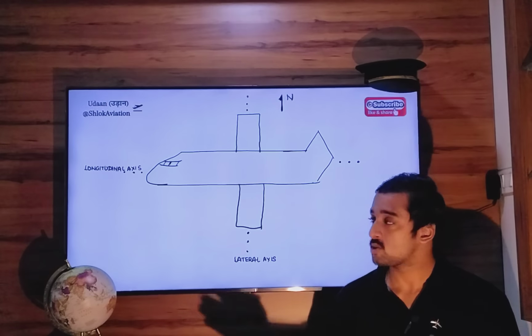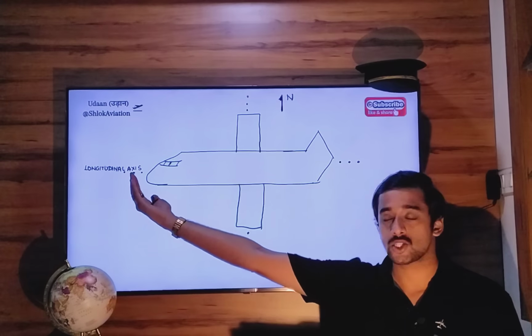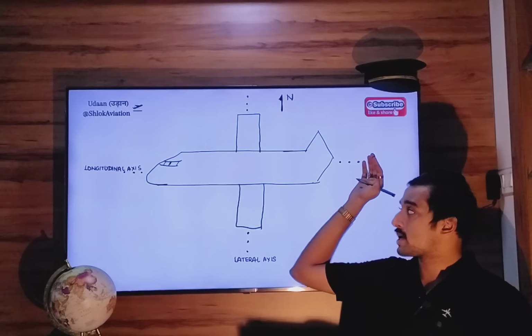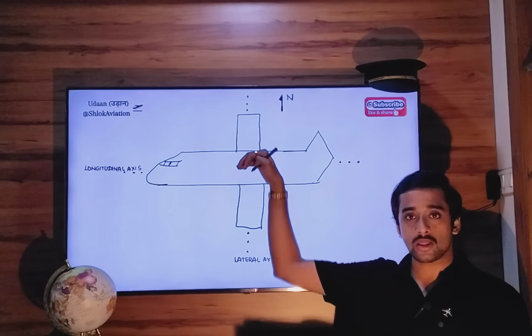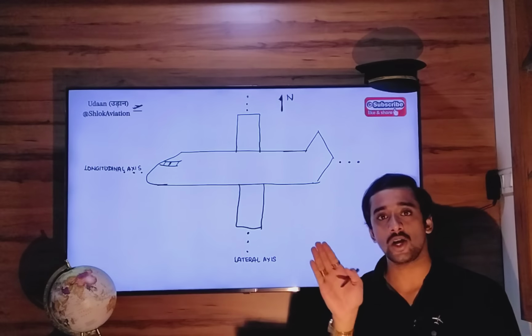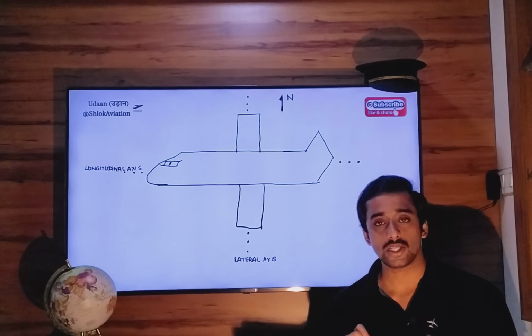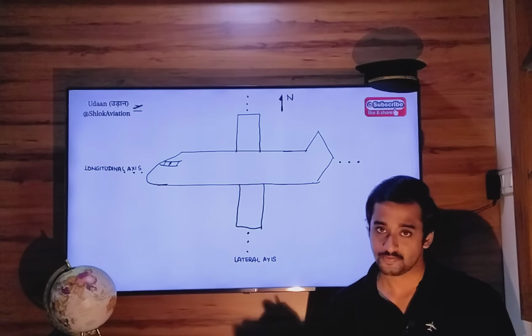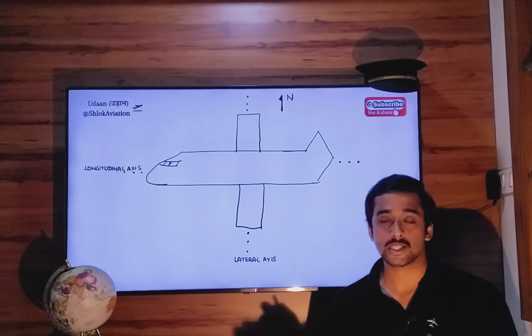So if the radio signal is coming along the longitudinal axis from a westerly direction or easterly direction or north or south, there won't be any bending of radio signal. But if the radio signal is coming from some other direction, it will suffer bending.